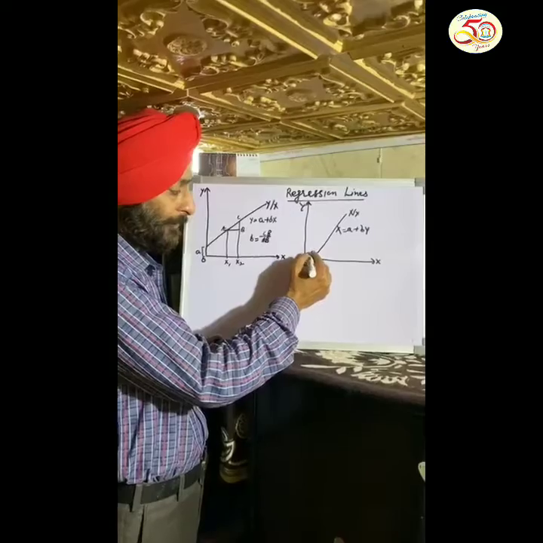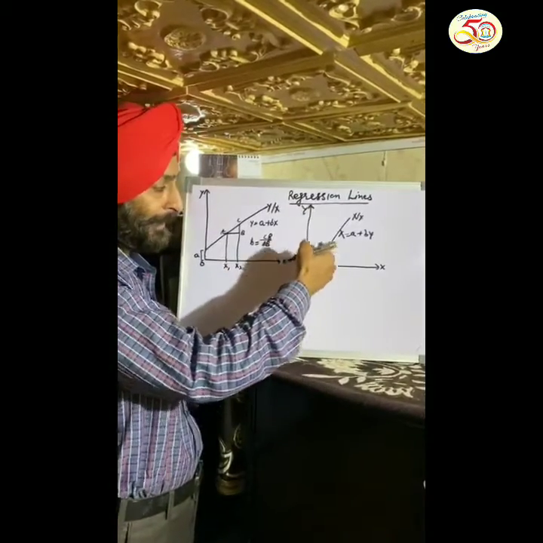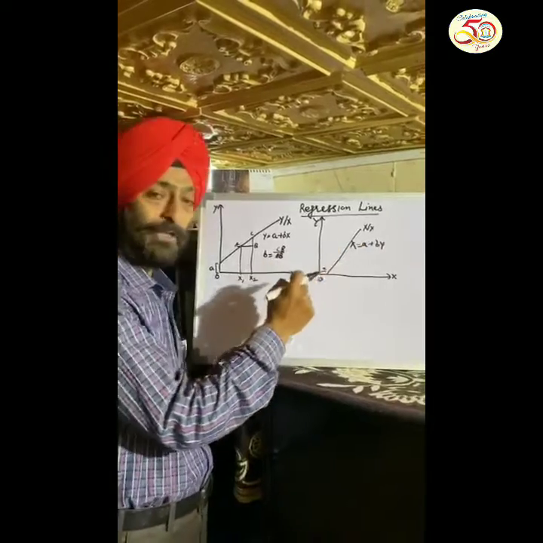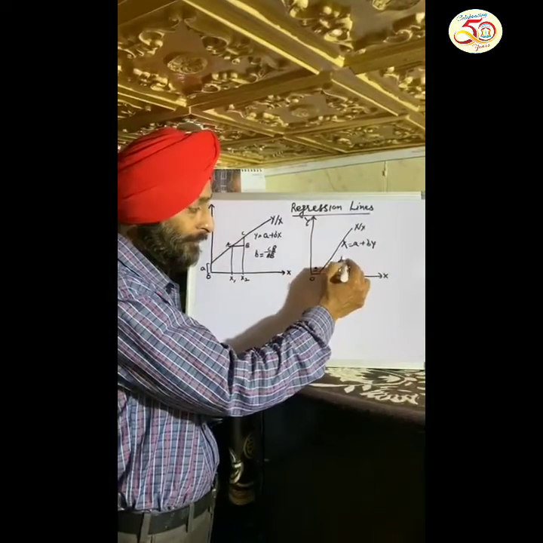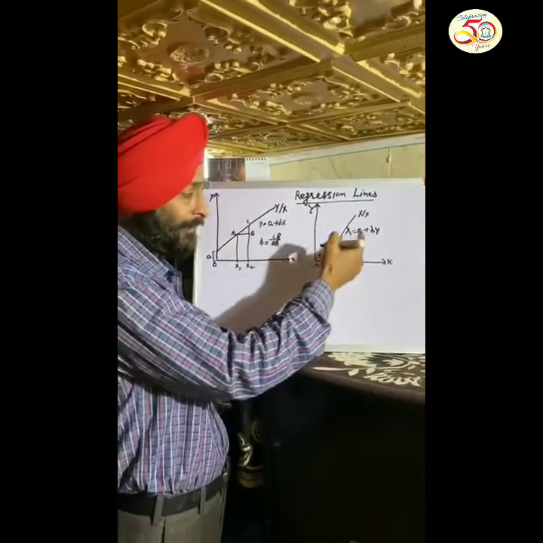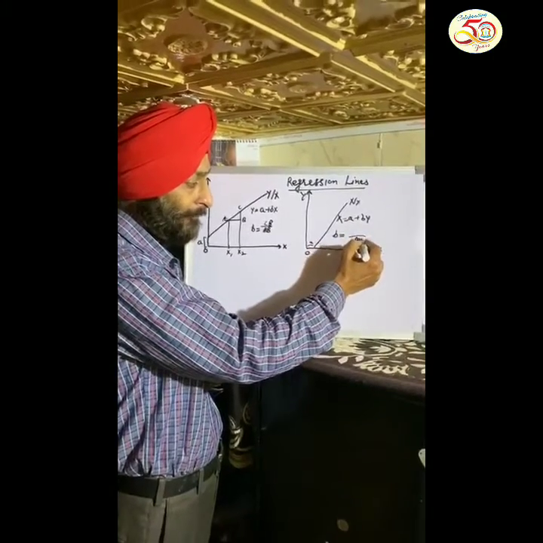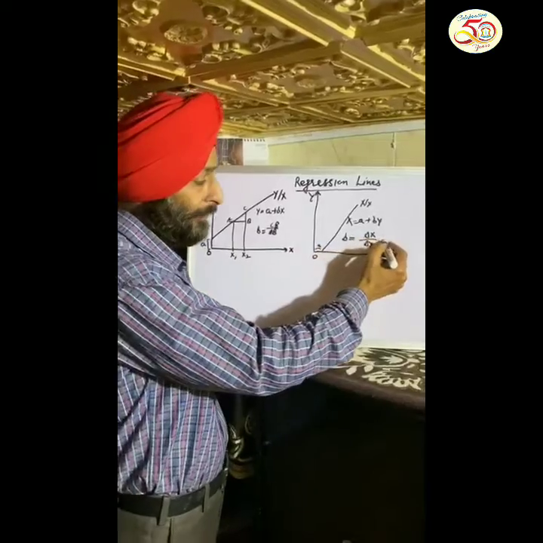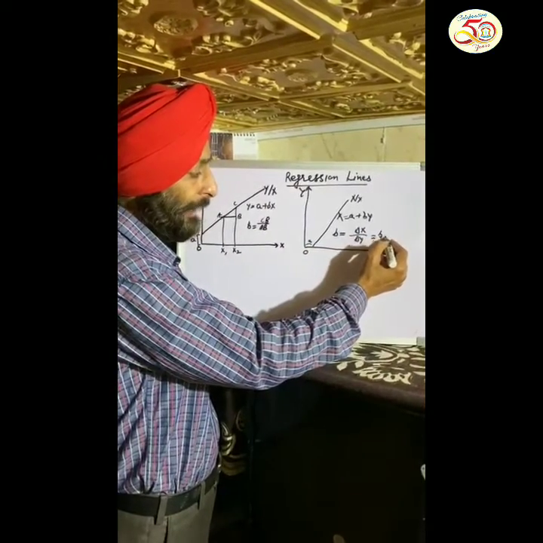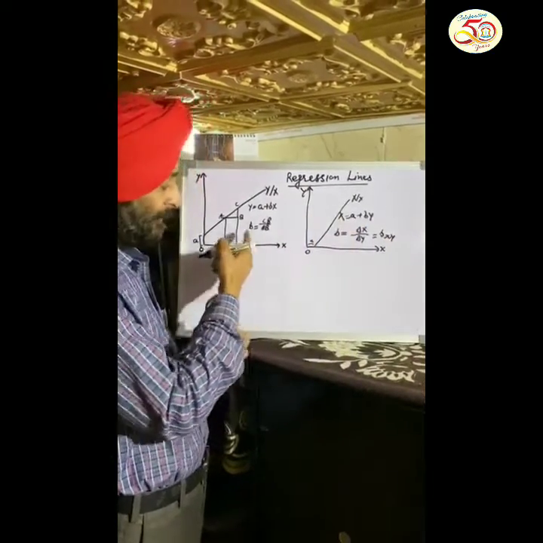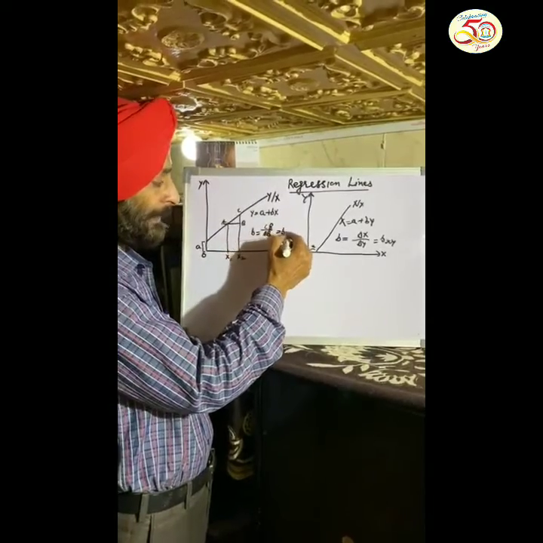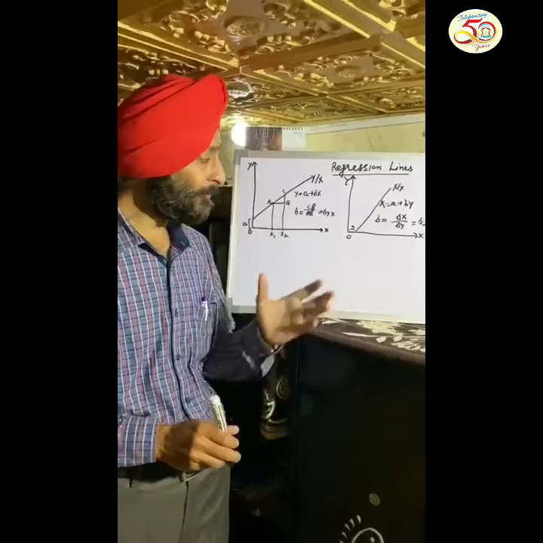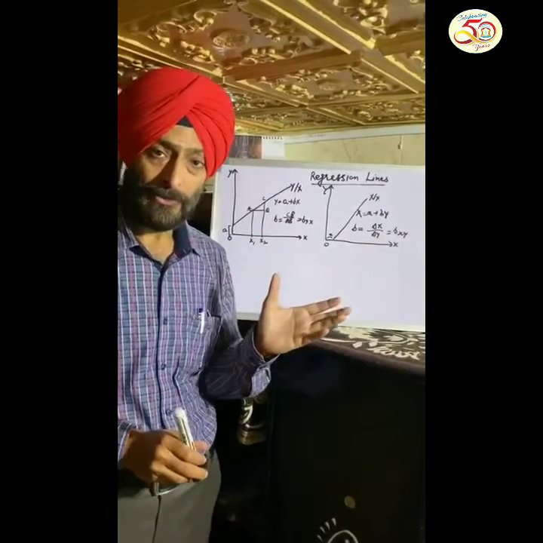This is the value of the intercept. The slope of the line is represented by b. Here b is the regression coefficient. We can say that if there is a change in y, x will change. So this is called the regression coefficient bxy. This regression coefficient is byx. So there are two regression coefficients from these two lines of regression.